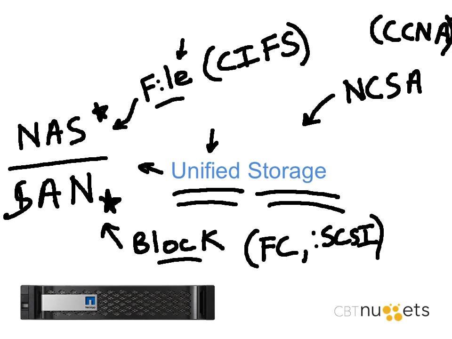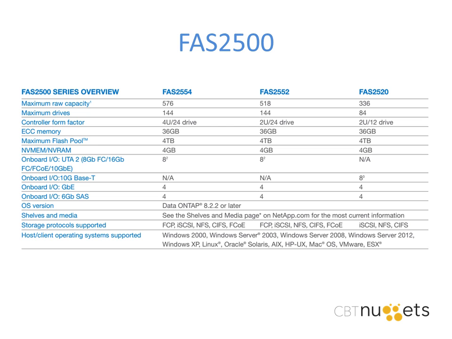Now, one of the key elements of the NetApp approach to their unified storage products is FAS devices. That is fabric attached storage. And there are two main families of these products now. There's the 2500 series being currently produced and sold by NetApp. Now, there's plenty of other families.